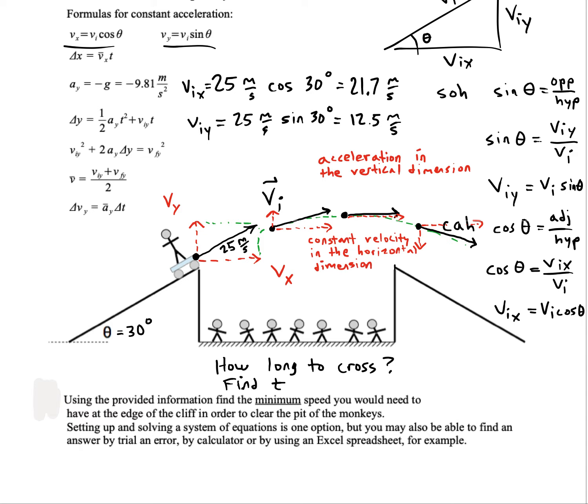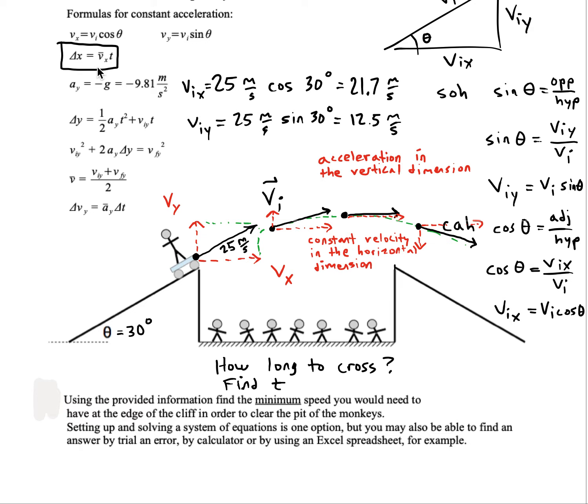Now, how would we do that? Well, we'd want to use this formula right here. This is a formula for constant velocity. It doesn't have to be for constant velocity. It's actually very adaptable, but it can be applied to constant velocity very easily. So let's do that first.